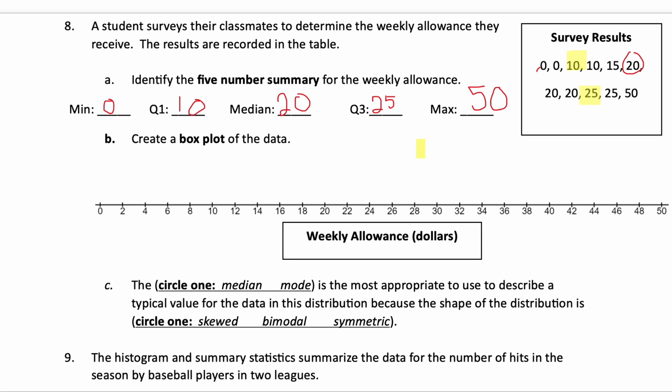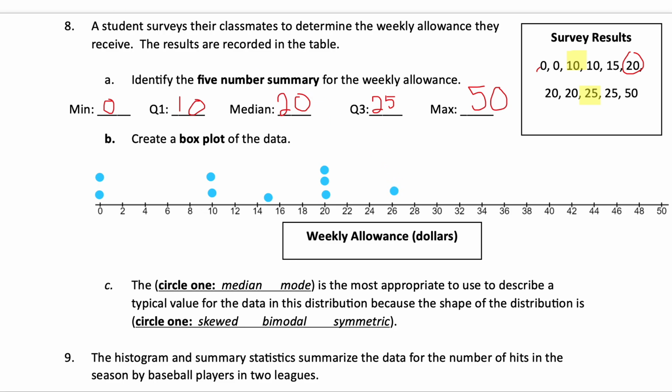All right, now we have to make the dot plot. All right, so we have one value at 0, another value at 0. Then we go to 10, and we have 1, another 10. Then we have 15, right, in between 14 and 16, 20, 1, 2, 3, and 25, 1.